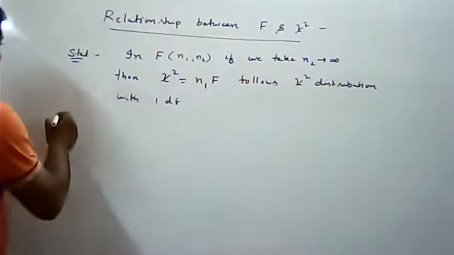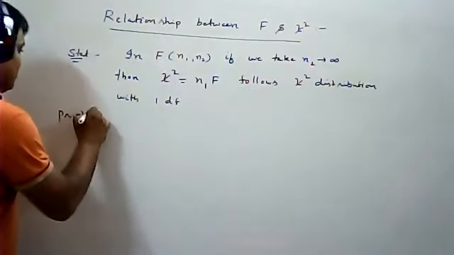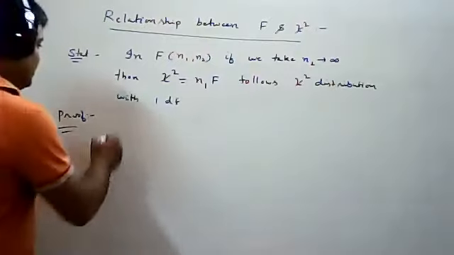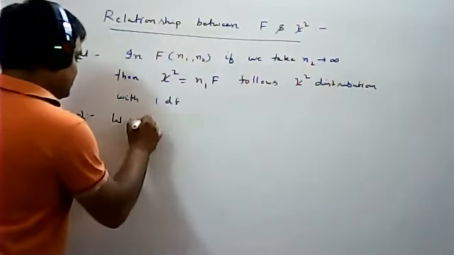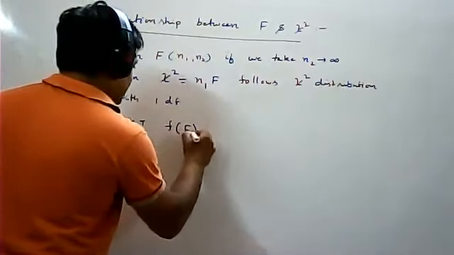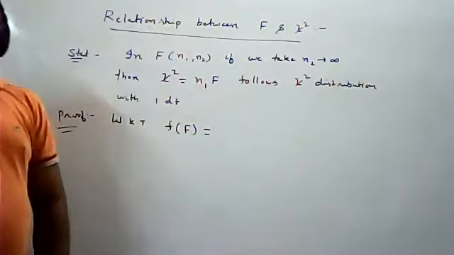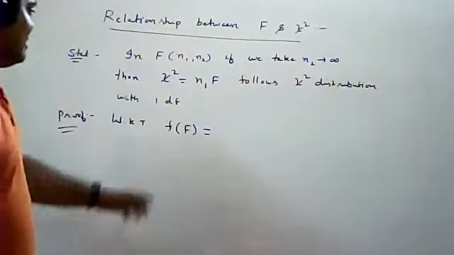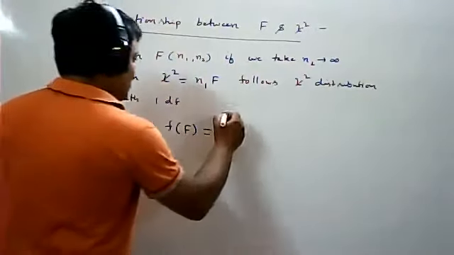Okay, so write down the proof. We know that the probability density function of f distribution is given by, f of f equal to, all of you know the density function.